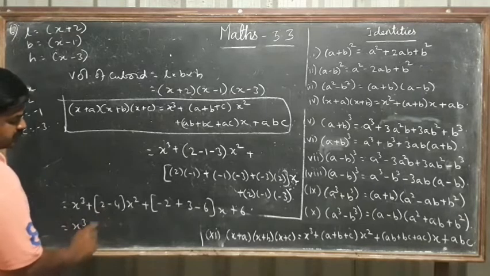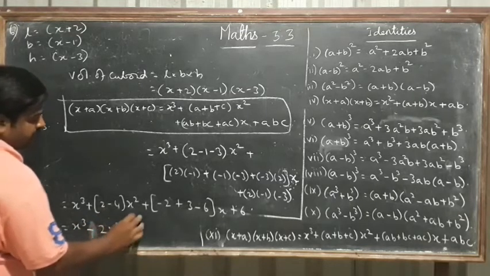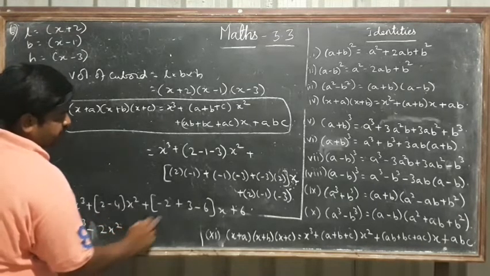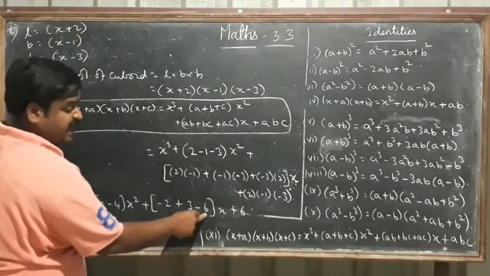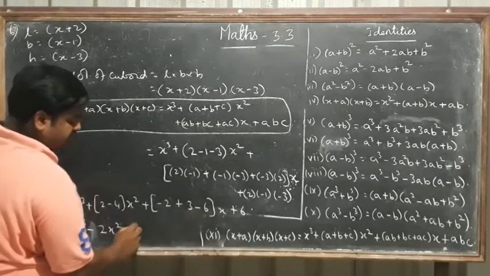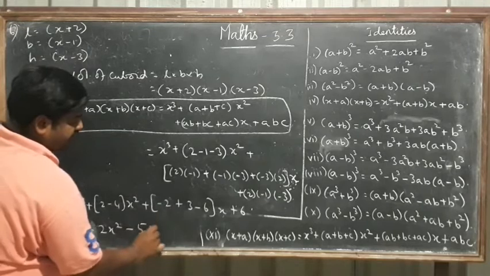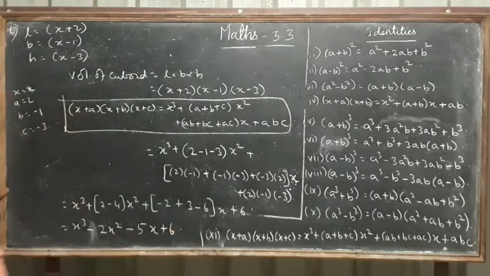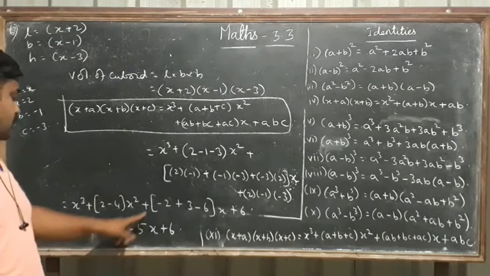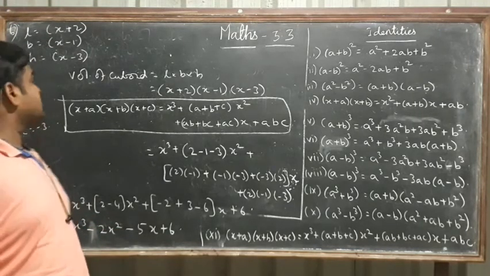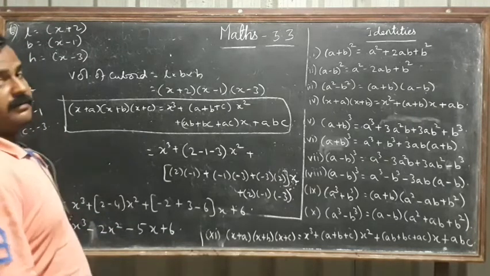So here plus into minus is going to be minus 2x square, and here minus 2 minus 6 is what? Minus 8. Minus 8 plus 3 is what? Minus 5x plus 6. Clear? So this is x cube minus 2x square minus 5x plus 6. This is the volume of the cuboid that we found out.